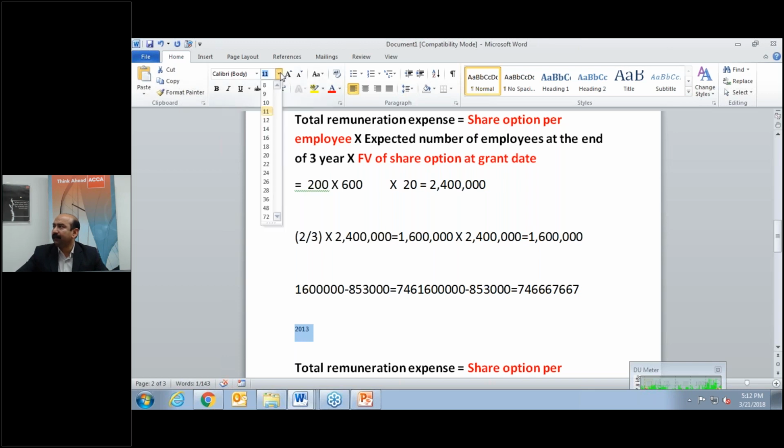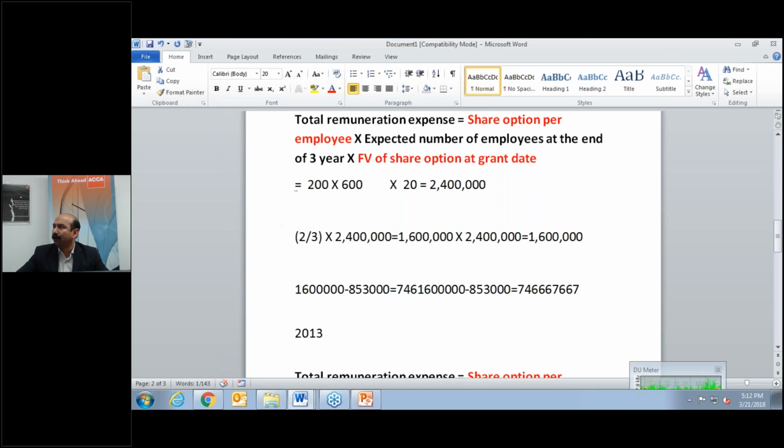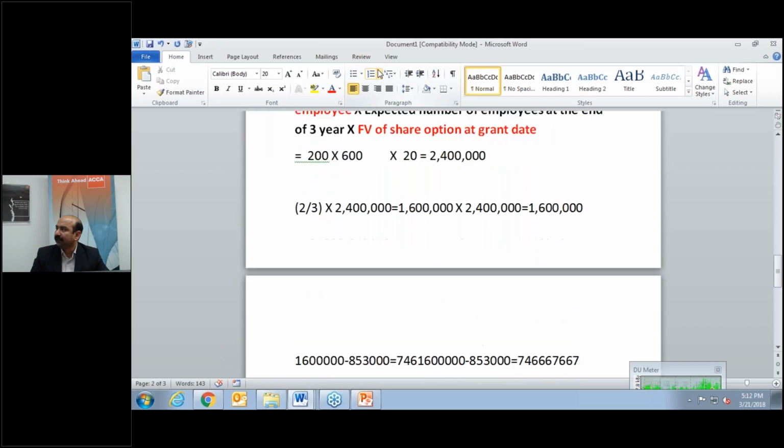Here we have the real picture. Here we know the exact number of employees who are in fact entitled at this point in time. Like instead of 600, we will be looking back and see how many people are there.